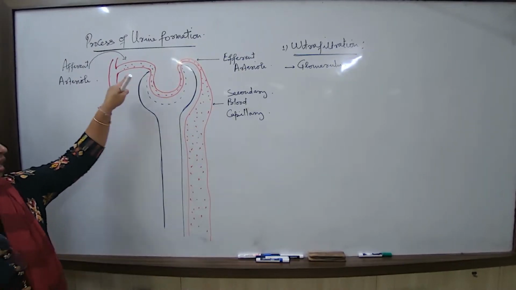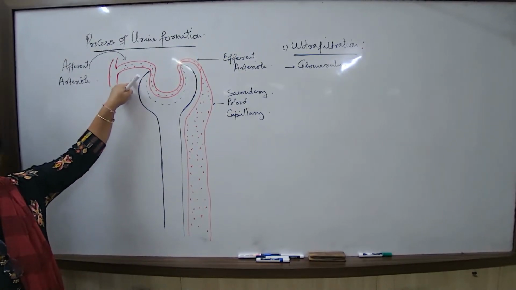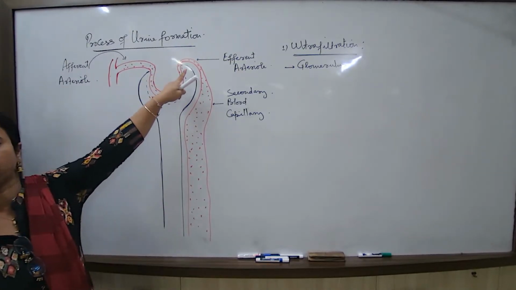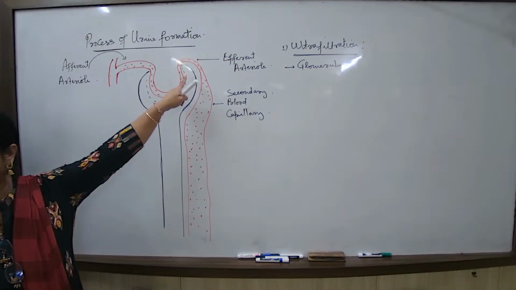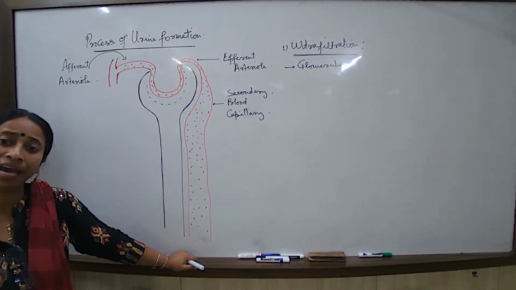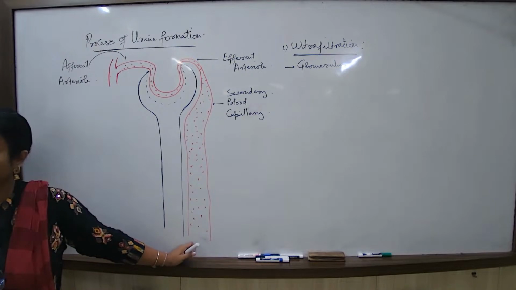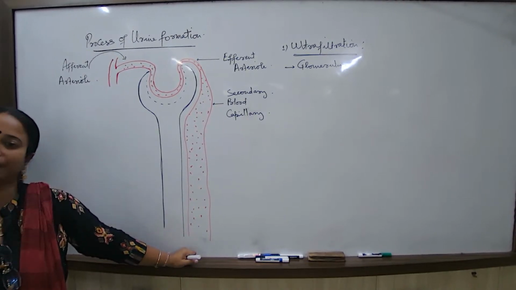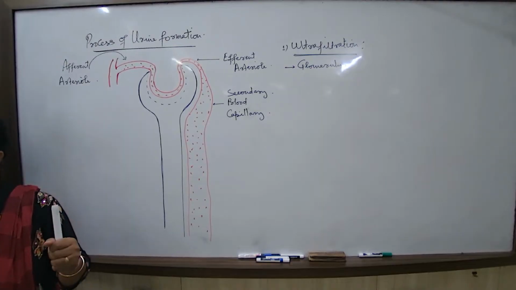Meaning what? The afferent arteriole is very wide, broad, bringing a huge amount of blood every time, but that much of the blood cannot be drawn out from the nephron by the efferent arteriole because it is narrower. So just imagine a place where the entry is wide, big, and the exit is narrow. What is happening?